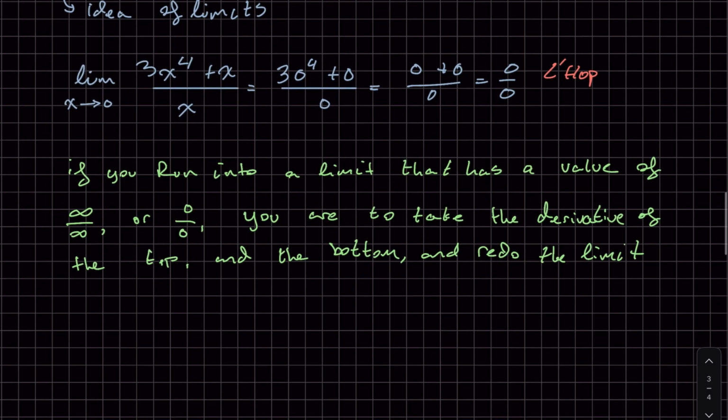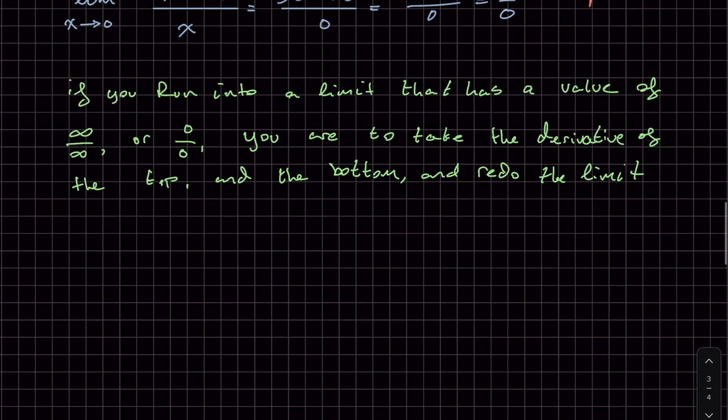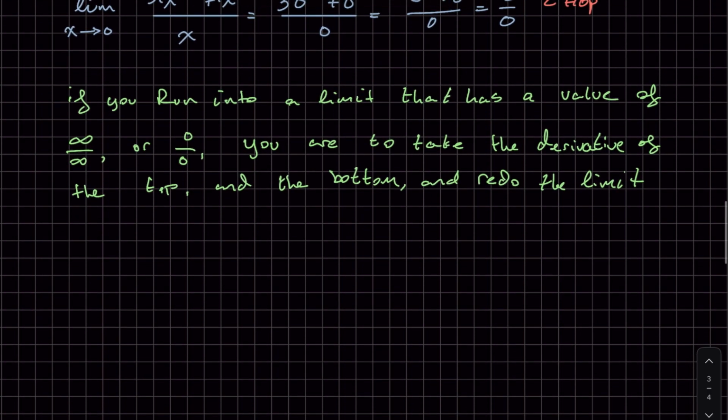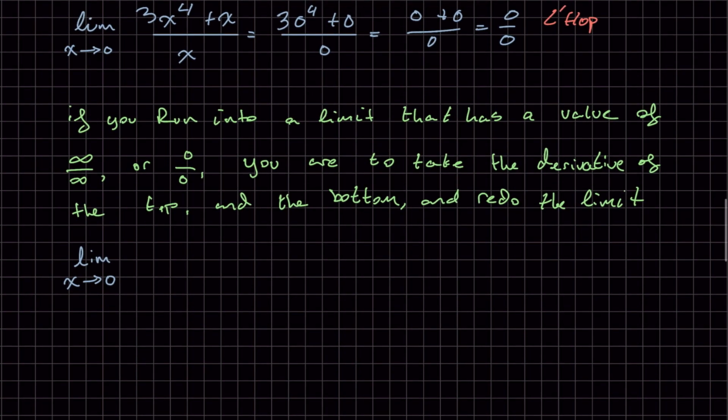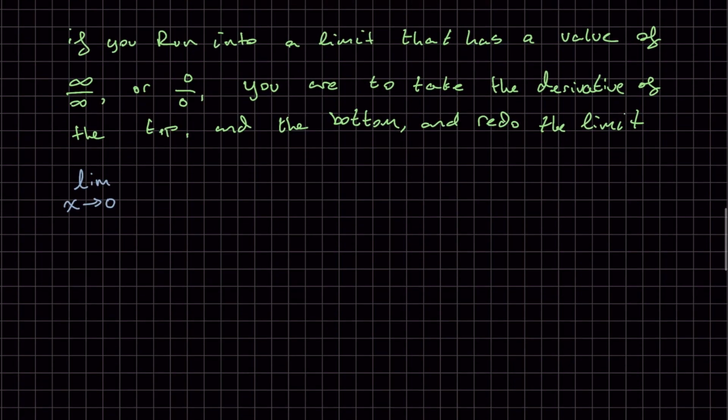So in our example here, let's take the derivative and see what happens. Now, I know that it's a quotient, but we won't be using the quotient rule. We will simply be taking the derivative at the top and putting it over the derivative at the bottom. So the derivative at the top, let's use our power rule here: 3 times 4, bring the 4 down, which is 12, and then subtract 1 from 4, so we get 12x to the third.